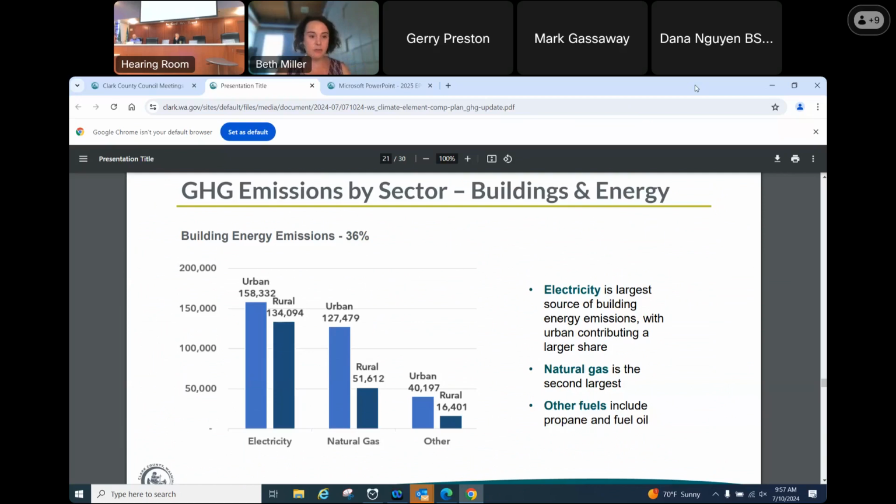Natural gas is more prevalent in the urban areas than in the rural areas, so you see a much bigger signature of natural gas in the urban parts of the unincorporated county. And the other includes things like propane, fuel oil, all those other things that you might burn to keep your house warm or make a barbecue.